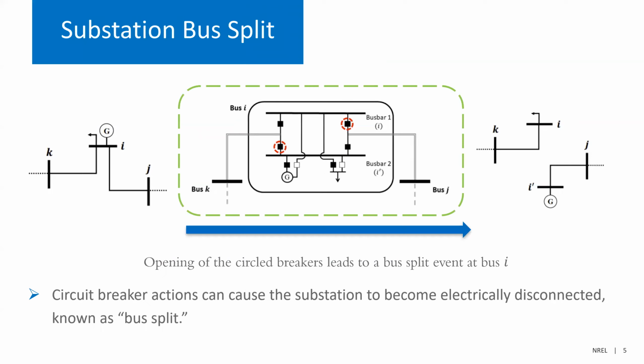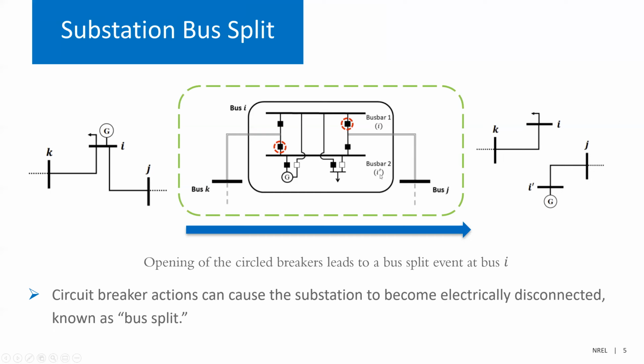So we introduced the bus split, and what causes the bus split to happen, we will introduce in detail in this slide. Here in the middle, we give the detailed circuit breaker model of substation I. If we open the breakers in the right circle, after that, bus K will be only connected to the upper bus bar, bus I, and the other bus J will be only connected to the lower bus bar, bus I prime.